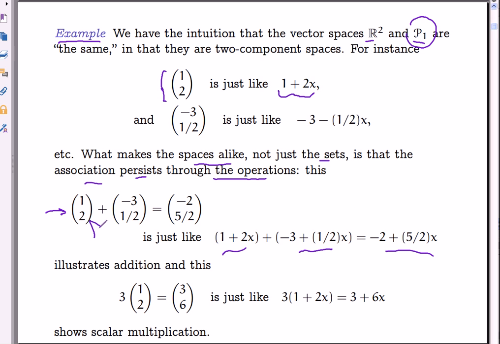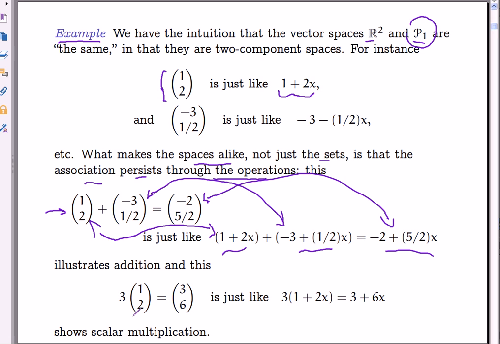Remember that (1, 2) is pretty much like 1 plus 2x. (-3, 1/2) is pretty much like -3 plus 1/2 x. And (-2, 5/2) is pretty much like -2 plus 5/2 x. So if I take this vector here, 1 plus 2x, that corresponds to (1, 2), and this vector here, -3 plus 1/2 x, that corresponds to (-3, 1/2), and I add them together, I'll get the vector that corresponds to the sum of the two original vectors.